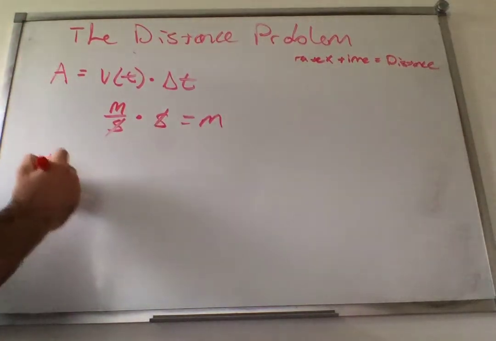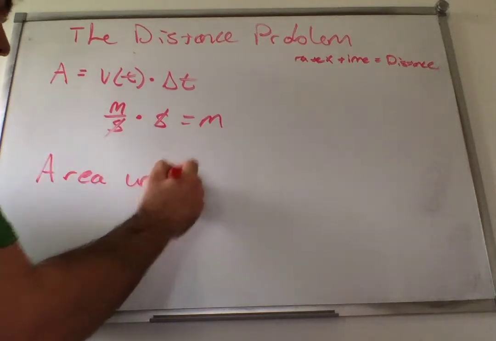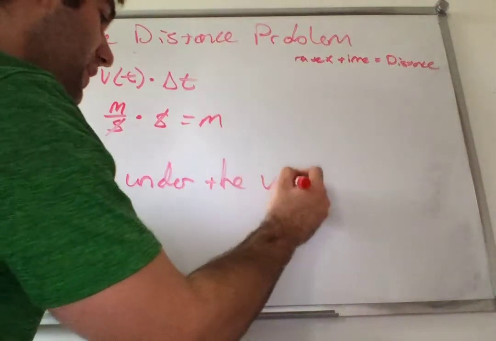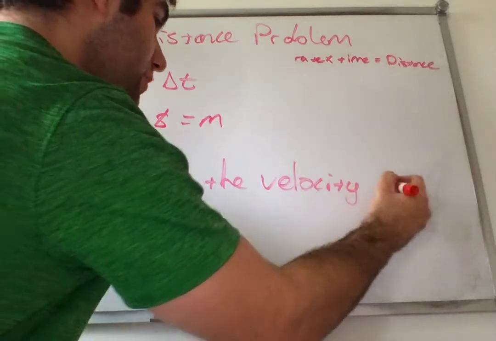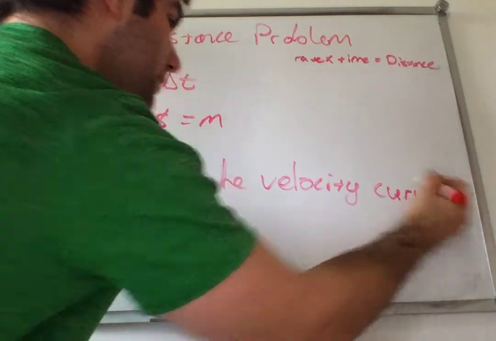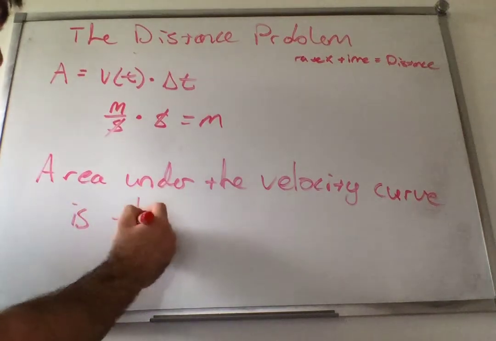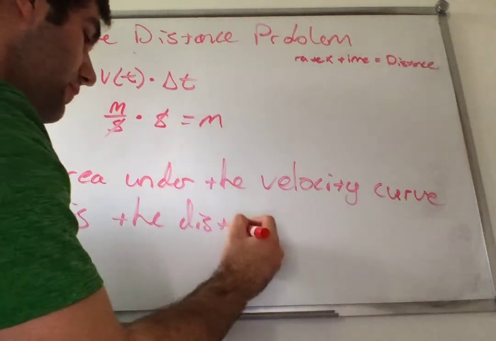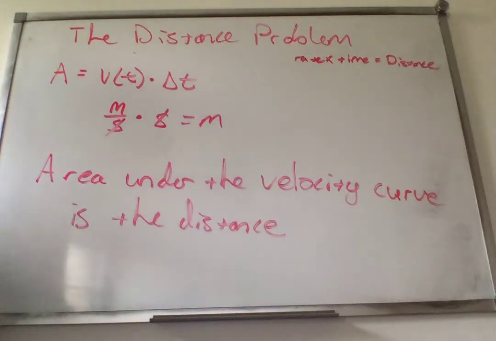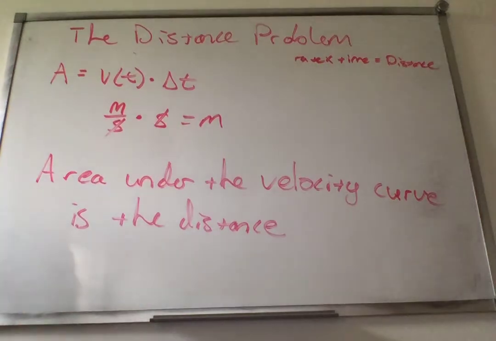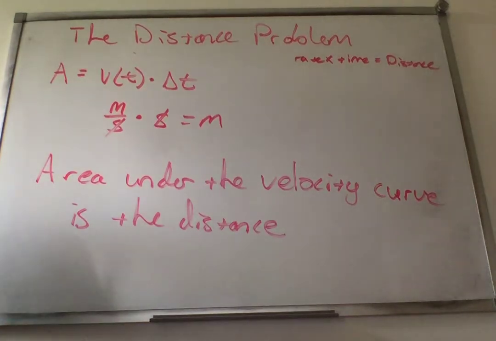So the area under the velocity curve is the distance. It's the distance traveled from time equals a to time equals b, okay? In our example, we went from 0 to t, okay? You could do from like t equals 5 seconds to t equals 27 seconds. It does not necessarily have to be 0.